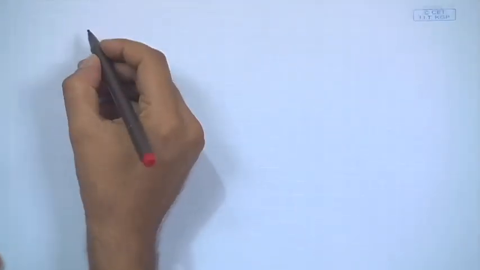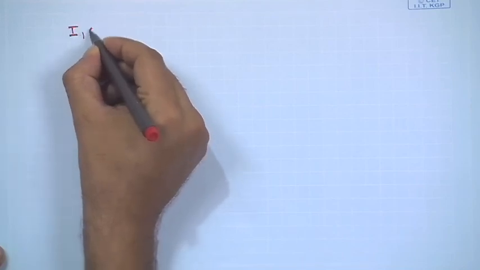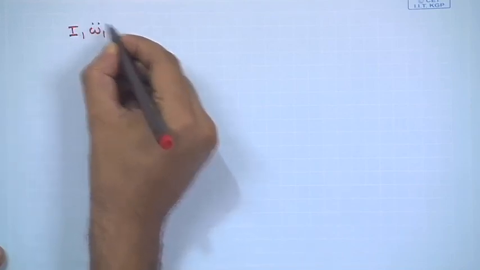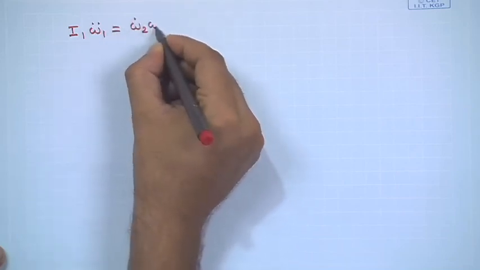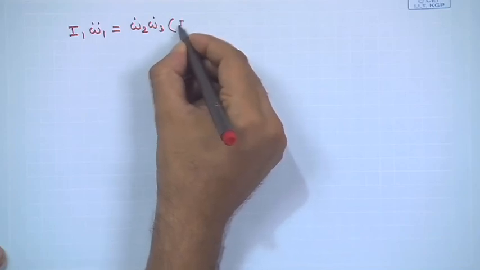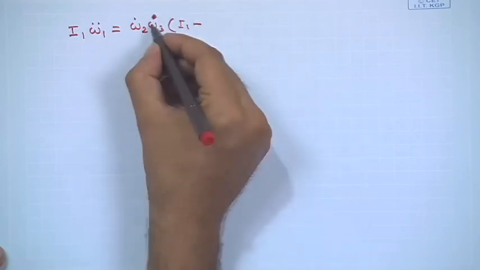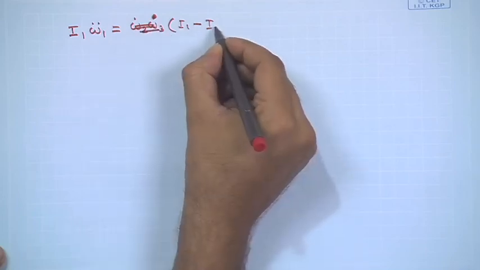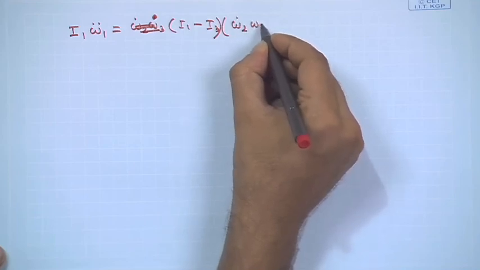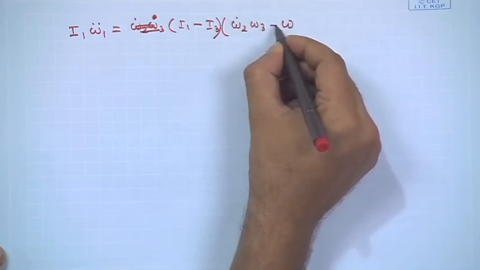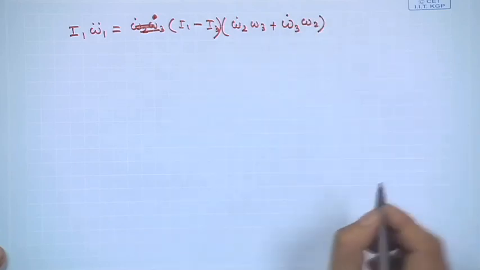So, I can take the first equation and write I1 omega 1 double dot as omega 2 dot omega 3 (I1 minus I3) plus omega 3 dot omega 2 (I1 minus I3), right.